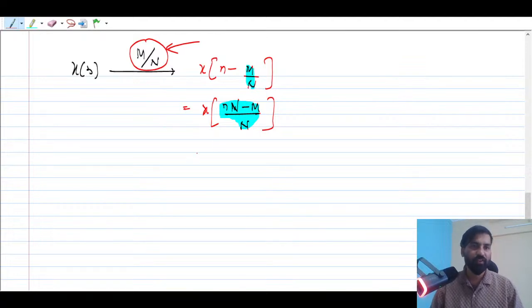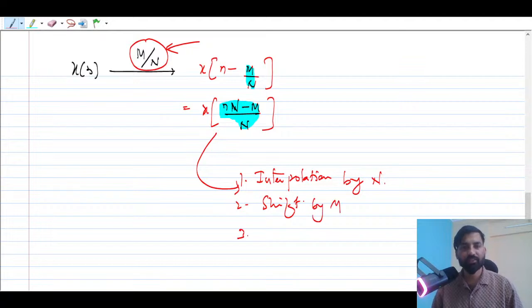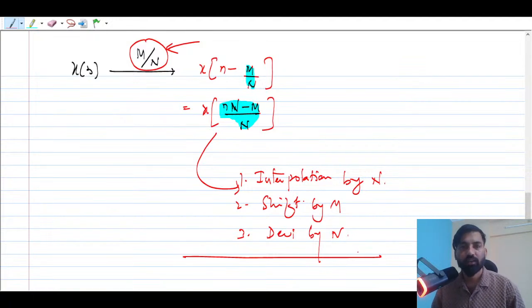Now whenever you get this kind of a situation, first of all you have to perform interpolation. It can be zero interpolation, whatever you can go for, and then shift. So interpolation by what? Interpolation by capital N, shift by capital M, and then the third is decimation by capital N. These are the steps that you have to perform.